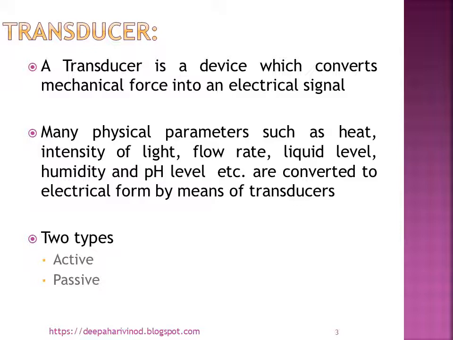Active transducers are transducers producing an analog voltage or current when stimulated by some physical form of energy. Examples: thermocouple, piezoelectric pickup, photocell, moving coil, galvanometer, electrokinetic, electromagnetic, etc. Passive transducers are transducers producing a variation in some electrical parameter such as resistance, capacitance, and so on.